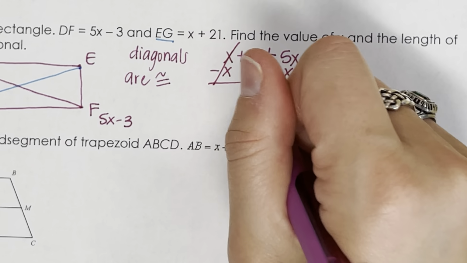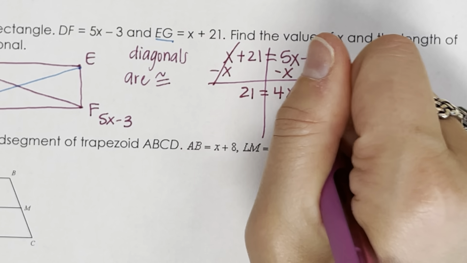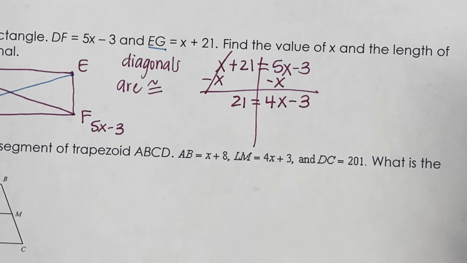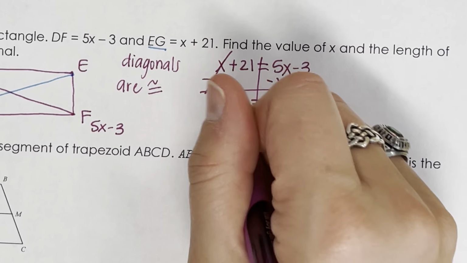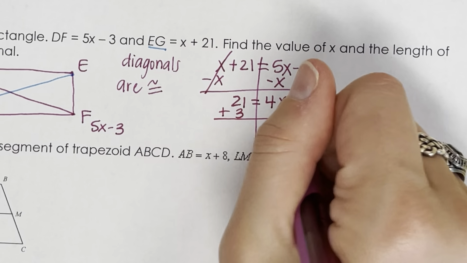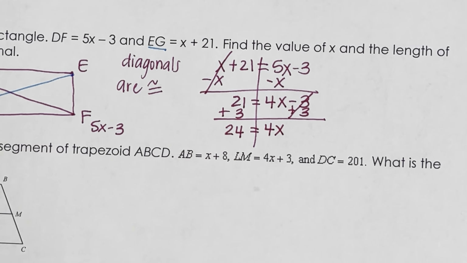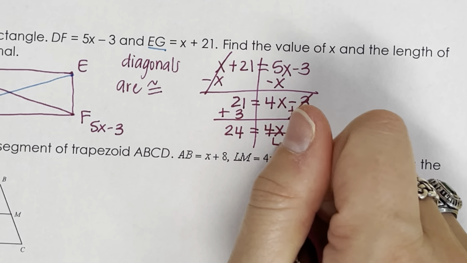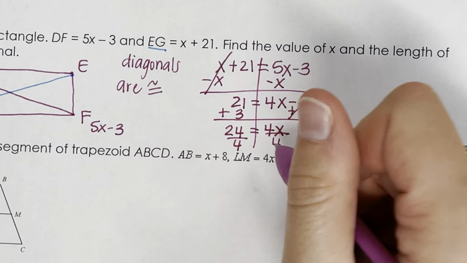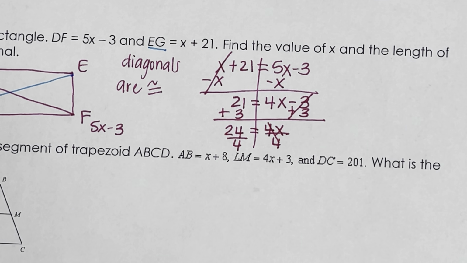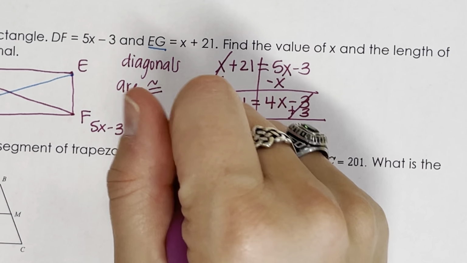I get 21 equals 4x minus 3. I'm going to add 3 to both sides. I get 24 equals 4x. And then the last step is to divide by 4 on both sides. So 24 divided by 4 gives me 6. So my x value is 6.